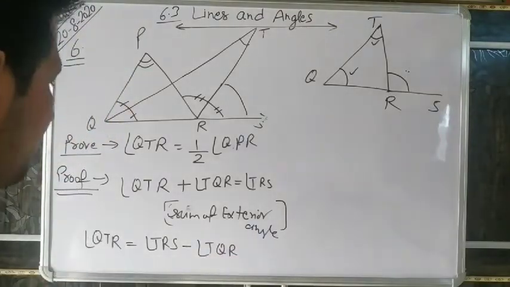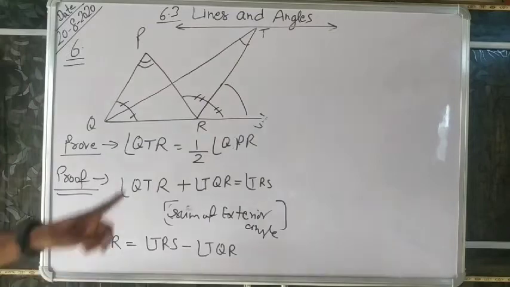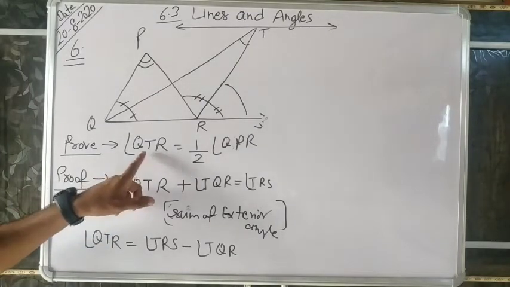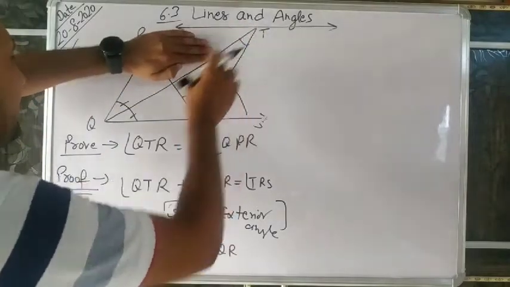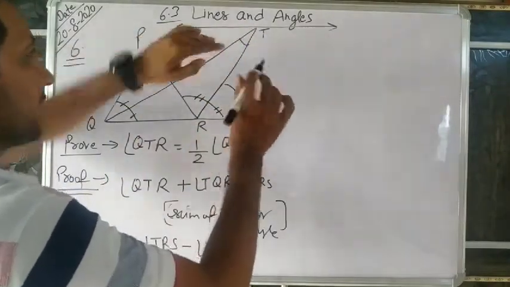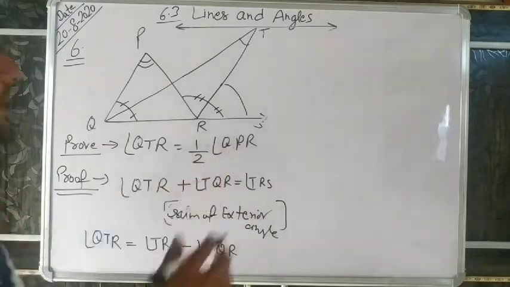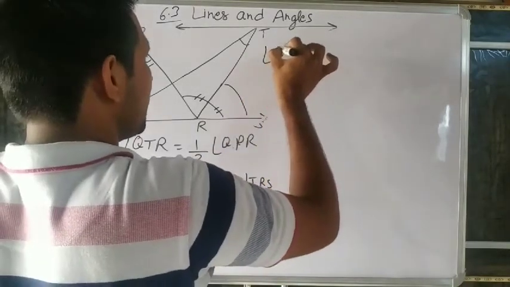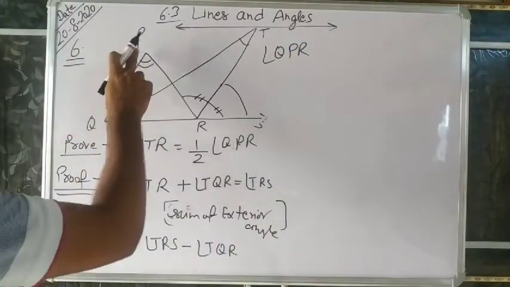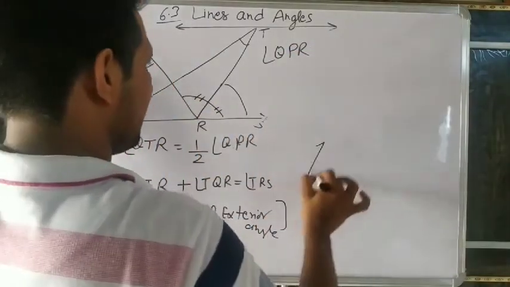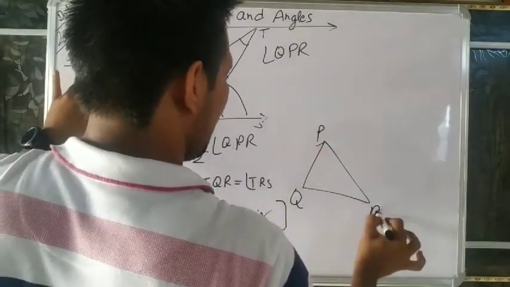Do you understand, everyone? We only find angle QTR here, because in the proof we need QTR. It is in triangle TQR, with an exterior angle. Same with angle QPR. I am making triangle QPR.